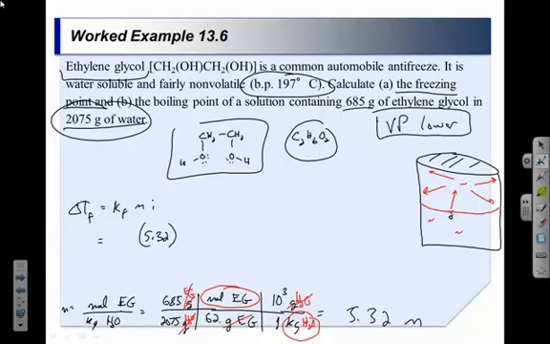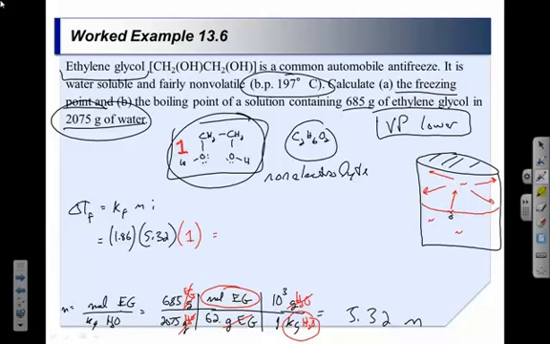I would go back to the table or look for the given Kf value. Since water is my solvent, Kf is 1.86. And if I don't have any ions, and this is a non-electrolyte, which means it's not going to break up, that means for every one of these I have, I will get 1 in solution. And so the van 't Hoff factor is 1.